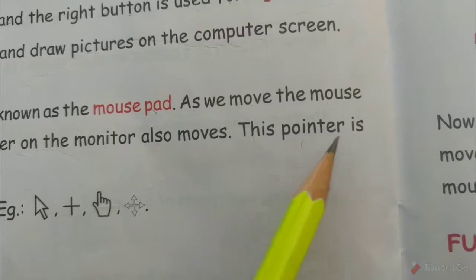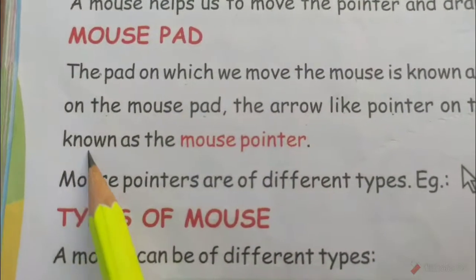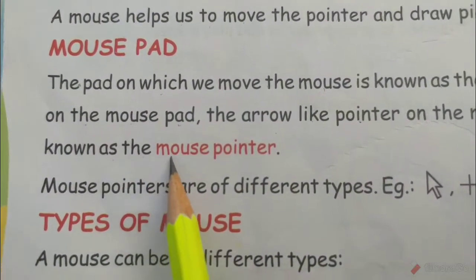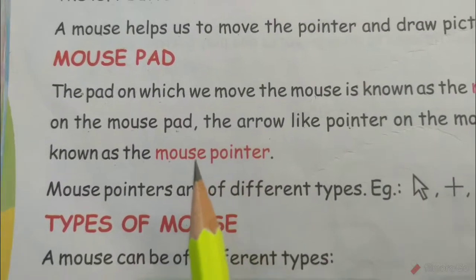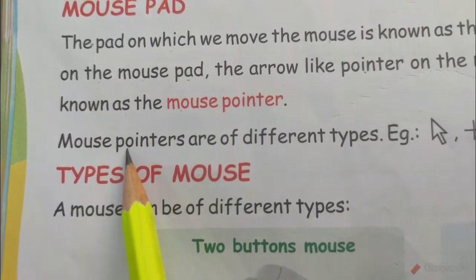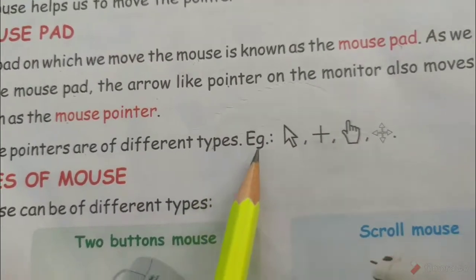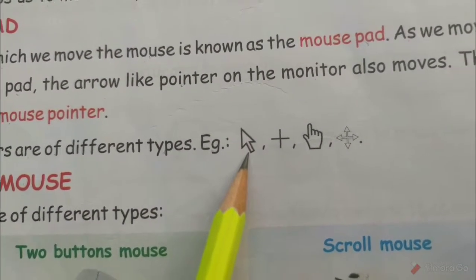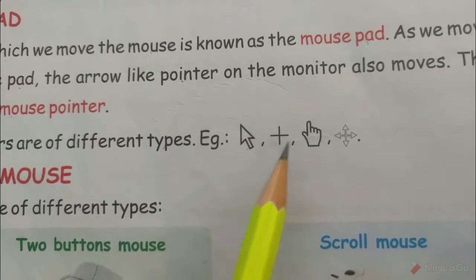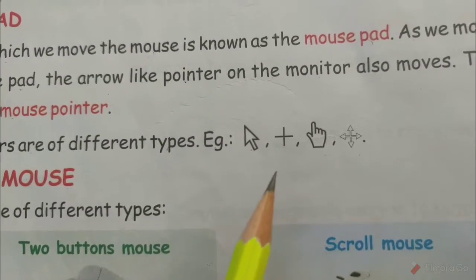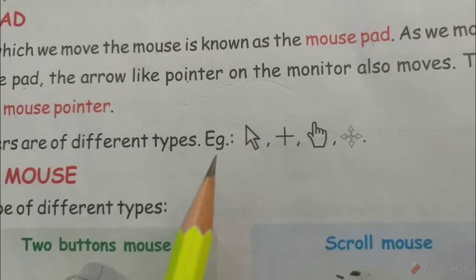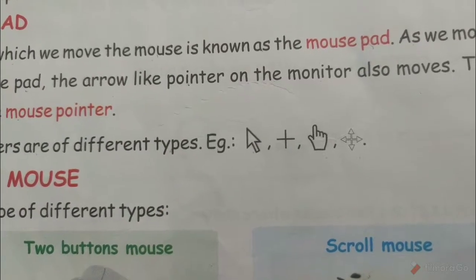This pointer is known as the mouse pointer. Mouse pointers are of different types. For example, children, here are 4 types of mouse pointers. You can find them on the screen of the monitor when you use a mouse.